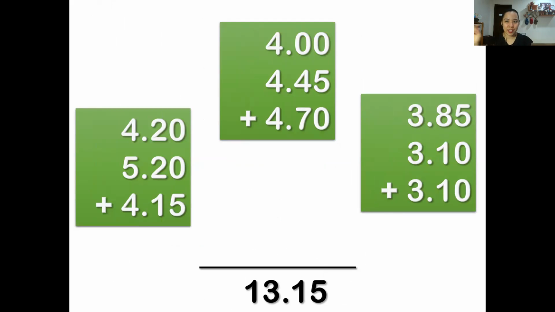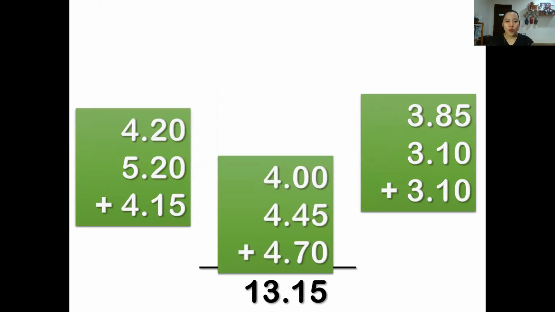Make sure to say the amount of money right and point at the same time. Yes, you are correct. $4 plus $4.45 plus $4.70 is equal to $13.15. Good job.